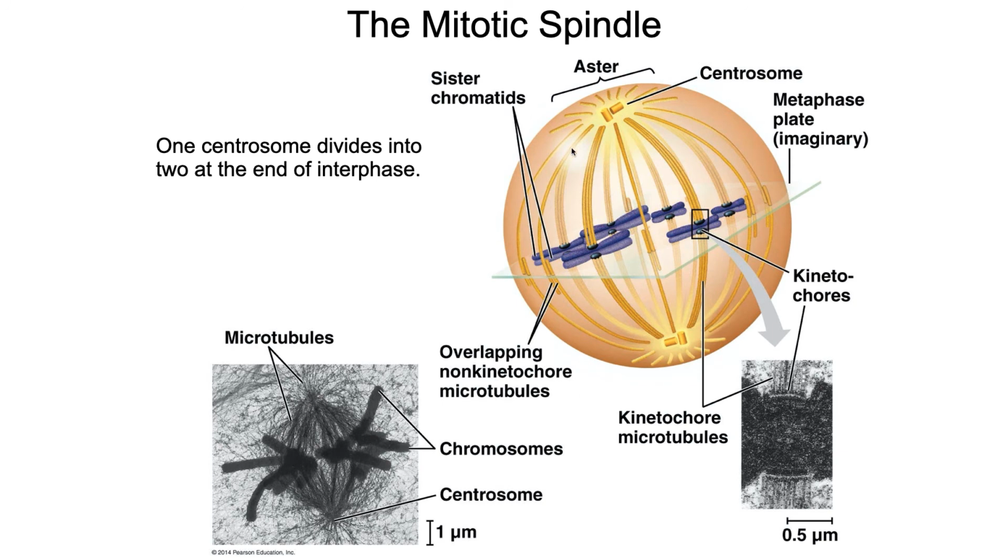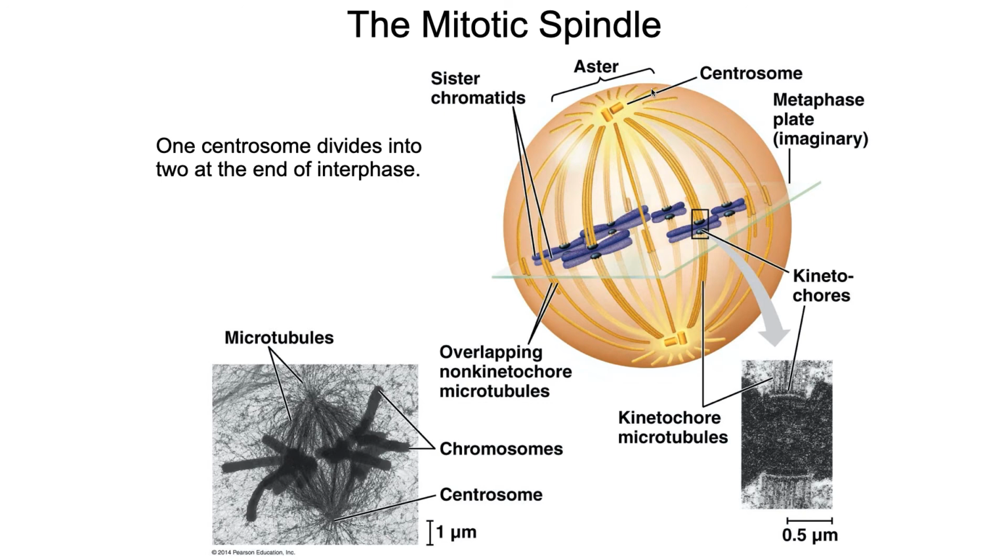Now, I've mentioned the mitotic spindle a couple of times, and let's take a look at exactly what that is. So the centrosomes here that have been duplicated during the interphase of the cell cycle have gone to opposite poles of the cell, and they extend three types of microtubules. The first type are aster microtubules, and those anchor the centrosome to the pole of the cell.